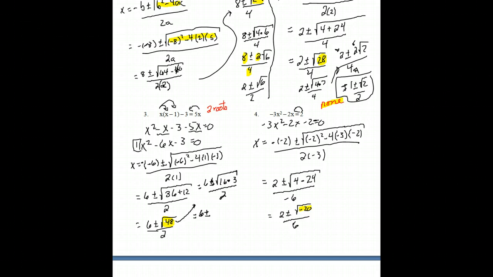Square root of 16 is 4. You cannot do the square root of 3. All divided by 2. So every number here is divided by 2. These numbers here are all divided by 2. 3 plus or minus 2 root 3, divided by 2. And we do get 2 answers.